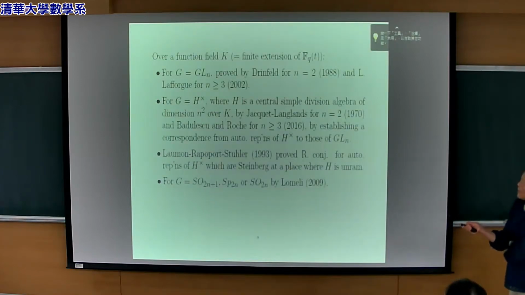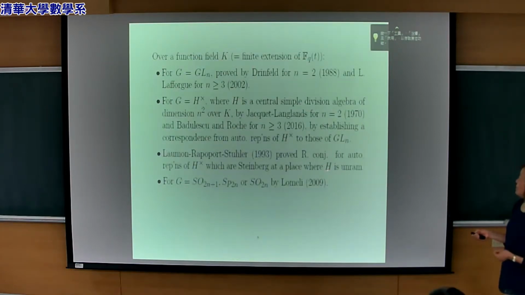And for such an H cross, if we do not require it to hold for all the generic cuspidal unitary representations, back in 1993 Lomont, Rapoport, and Stuhler already proved the Ramanujan conjecture, but only for the representations with extra conditions, namely you want it to be Steinberg at a certain place, which is where the algebra is not ramified.